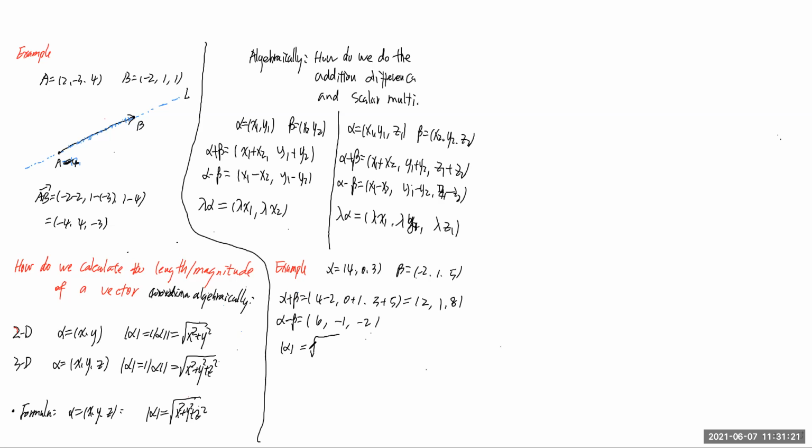The length of alpha is the square root of 4 squared plus 0 squared plus 3 squared, which is the square root of 25, so 5. For our course, we can use the calculator. 3 alpha is (12, 0, 9). Anyway, you have to know this computation. So this is about the examples.